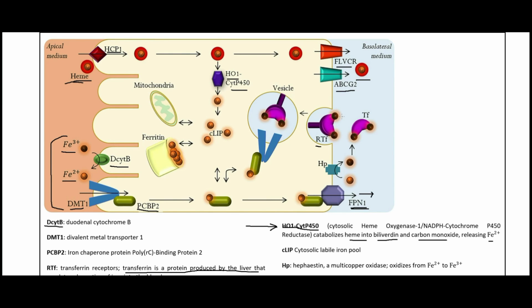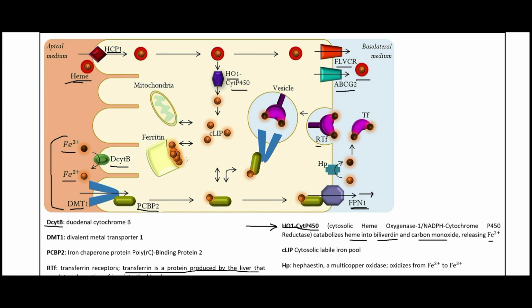So there is this other pathway, or regulation of iron going into the blood from these enterocytes. Like I said, iron absorption is highly controlled because we don't want too much or too little.